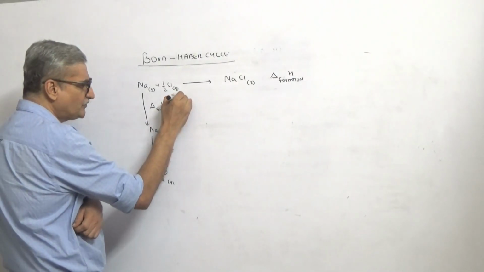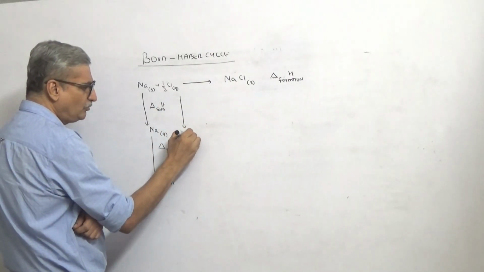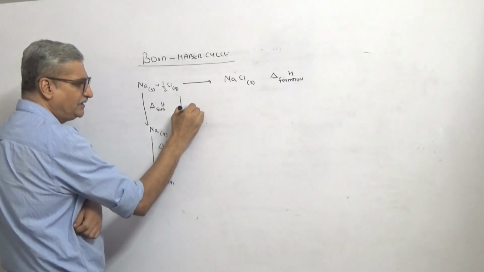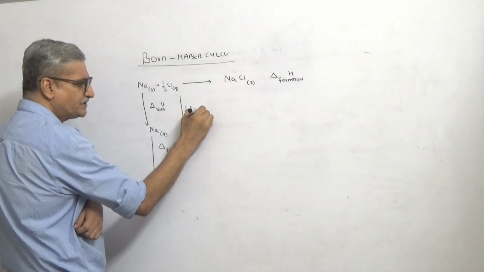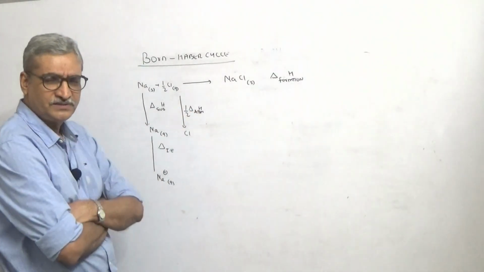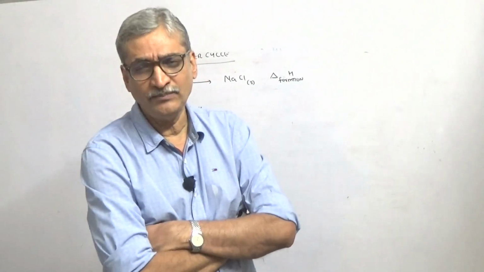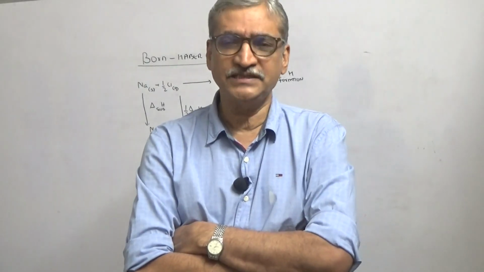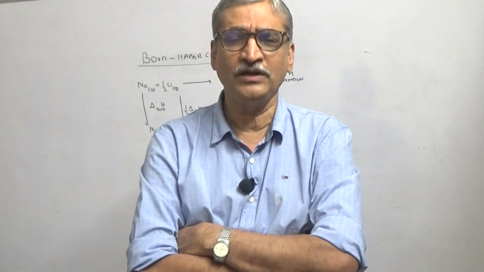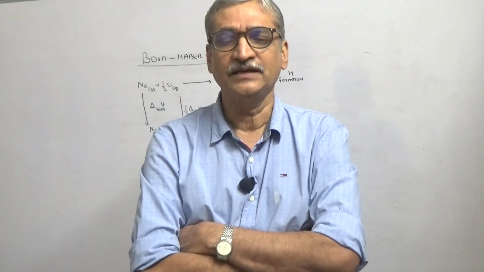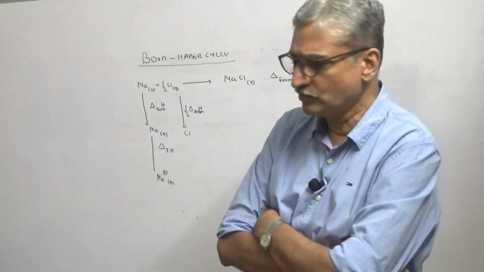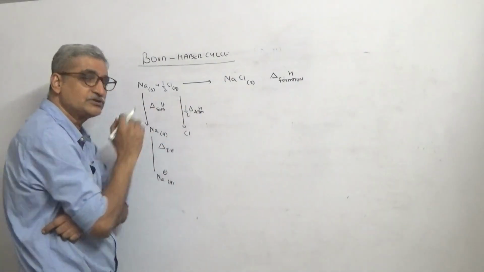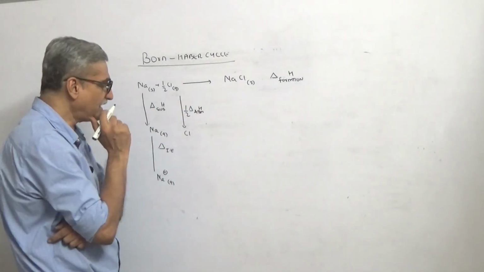Half a mole of chlorine molecule is converted to 1 mole of chlorine atoms. This is half the delta atomization H. Enthalpy change required for 1 mole of molecules to be converted into gaseous atoms, but in the reaction there is half a mole of chlorine molecule. So 6.022 times 10 raised to 23 divided by 2 atoms are there. So the value has to also be divided, because it's not for 1 mole, it is for half a mole.